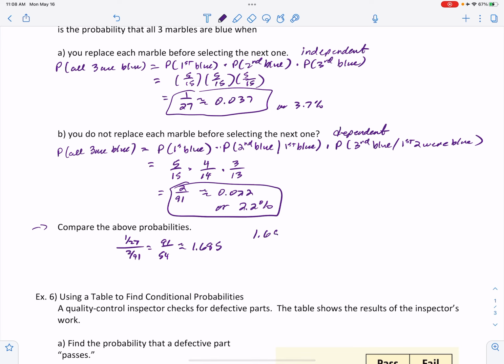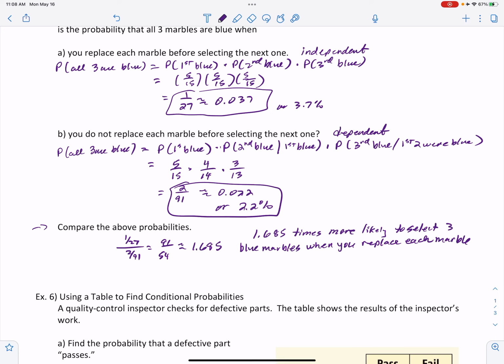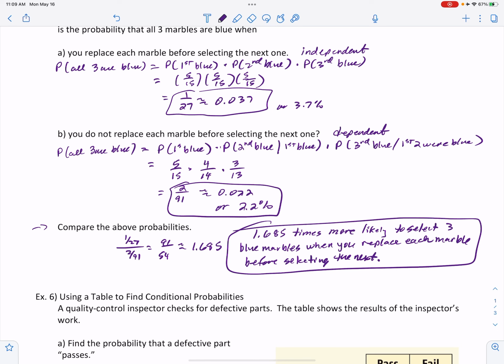And so you're 1.685 times more likely to select 3 blue marbles when you replace each marble before selecting the next. And that's how they want you to compare them.